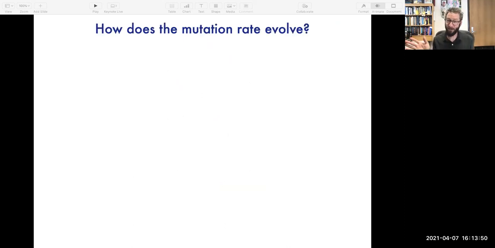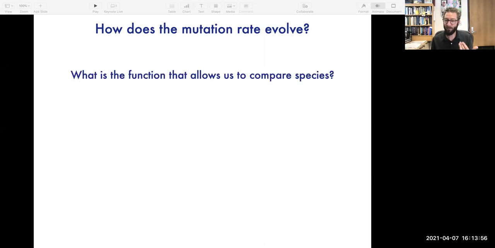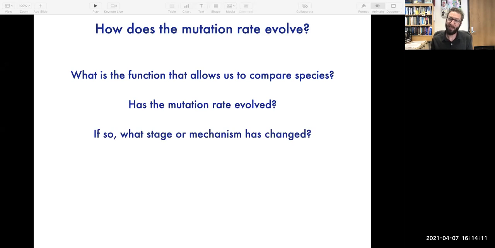Okay, so I'm going to try and answer that question, and first I'm just going to back up and say, we want to answer lots of questions about the mutation rate. First we want to know, what's the function that allows us to compare species? Once we have that out of the way, once we can compare species on some ground that makes for fair comparisons, then we can ask, has the mutation rate evolved between species? If it has evolved, what stage or mechanism has changed?